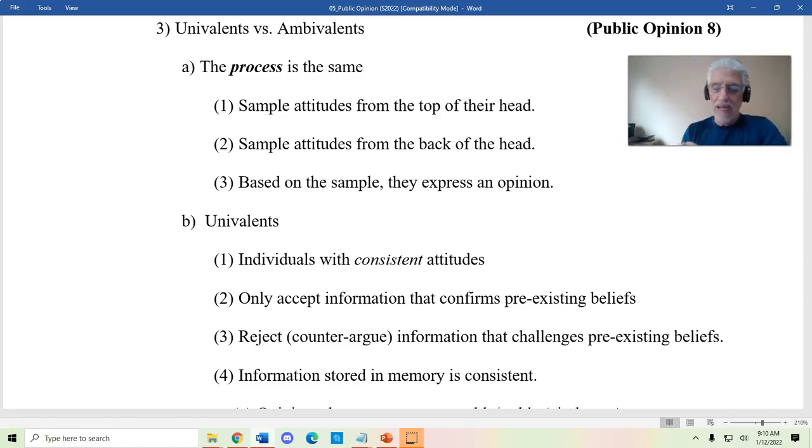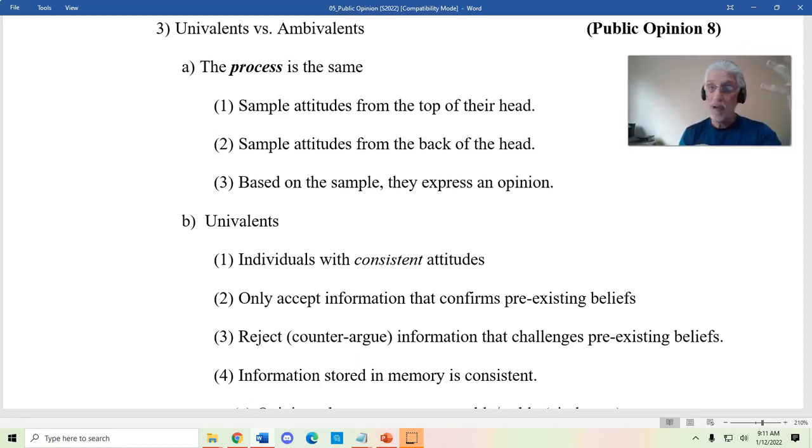People who are univalent are people who have consistent attitudes. And what I mean by consistent is that if you think back to the picture of Homer that I had before, where I displayed his attitudes as pluses and minuses, somebody who's univalent is going to have predominantly plus attitudes, positive attitudes, at both the top of the head and the back of the head.